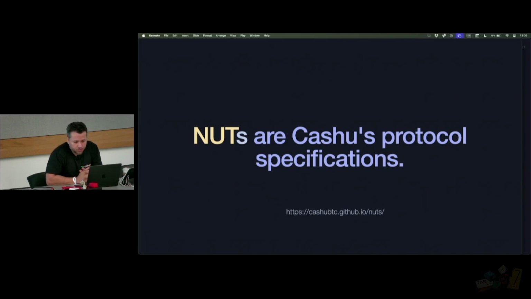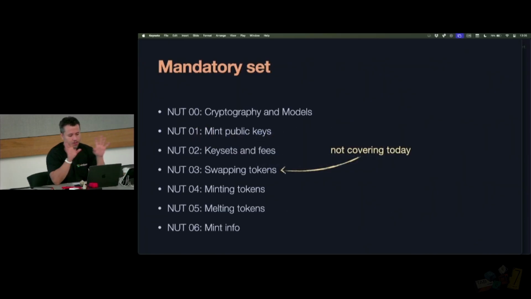Cashu is a protocol that's specified by means of these NUT documents, which you can find at cashubtc.github.io/nuts. And there are actually two sets of nuts.